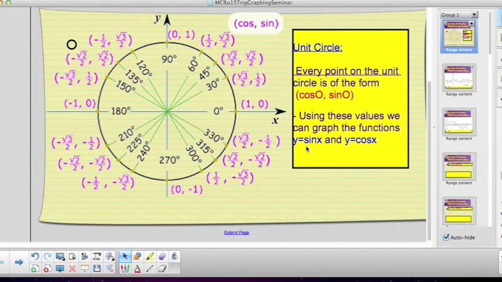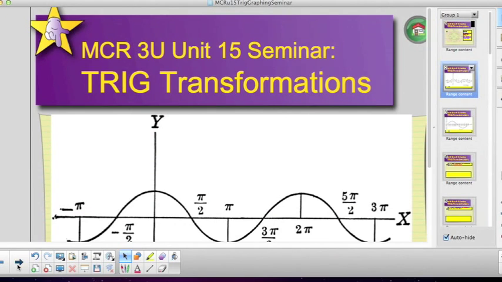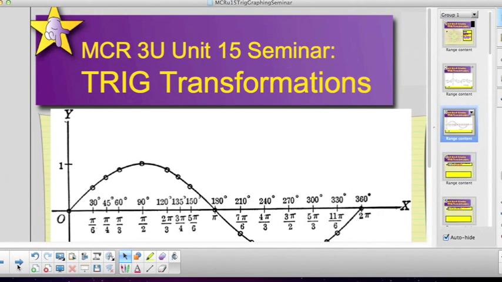And by getting the sine points, which usually correspond to the y-coordinates of your special triangles, and the cosine points, which correspond to the x-coordinates of your special triangles along the unit circle, we can derive the sine and cosine curve.